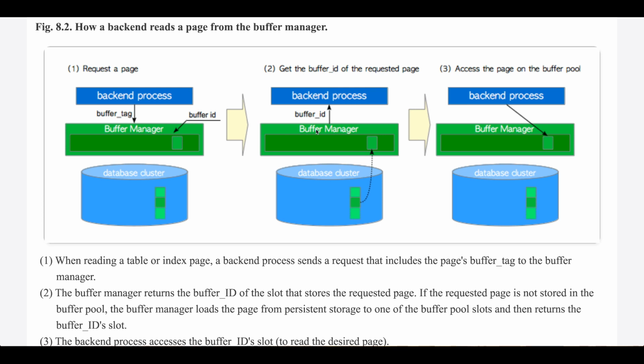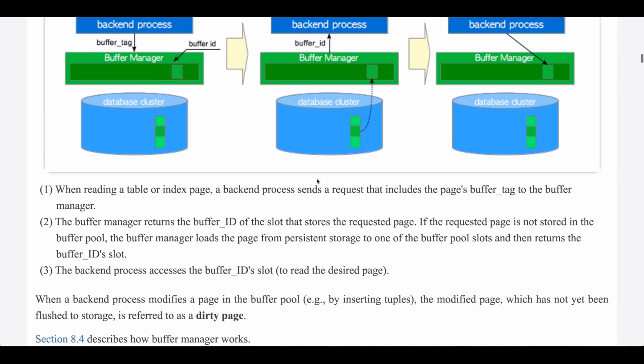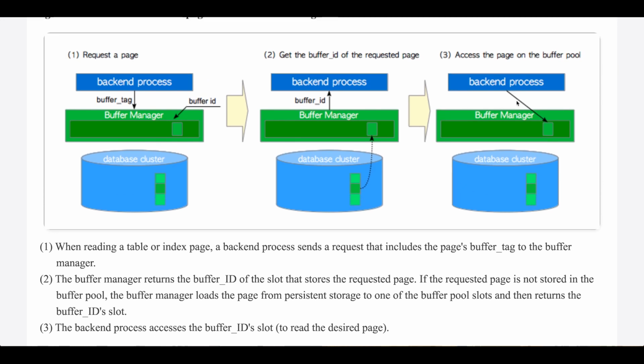If the requested page is not stored in the buffer pool, the buffer manager loads the page from persistent storage to one of the buffer pool's slots, then returns the buffer ID's slot. The backend process then accesses the buffer ID's slot to read the desired page.